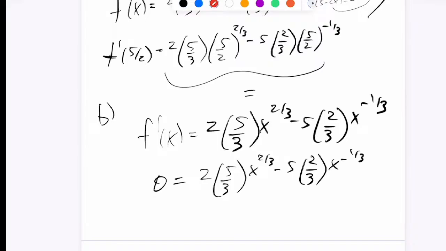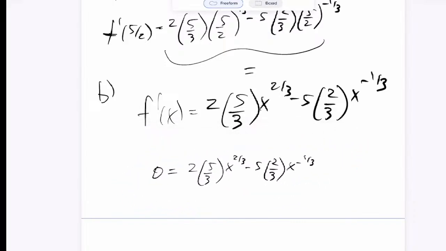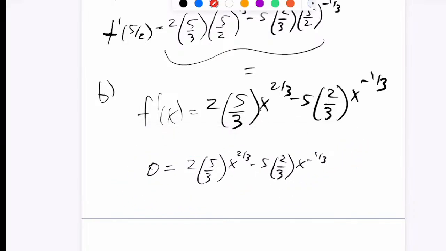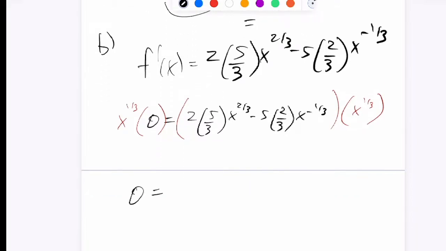I would yet again do a similar trick. I would multiply both sides of this equation by x to the power of 1/3, just to get rid of these negative exponents. If you do that, the left-hand side is unchanged, but the right-hand side is considerably easier.